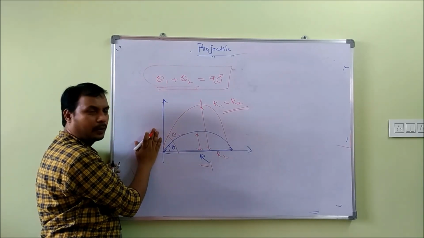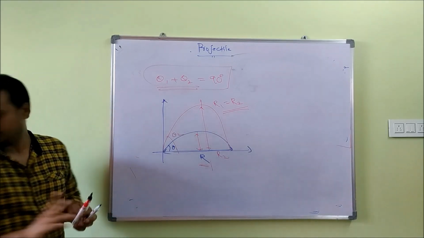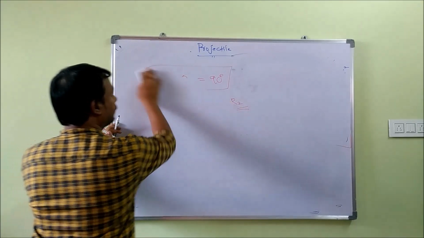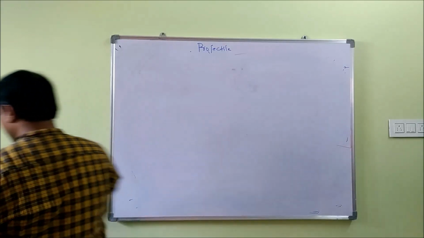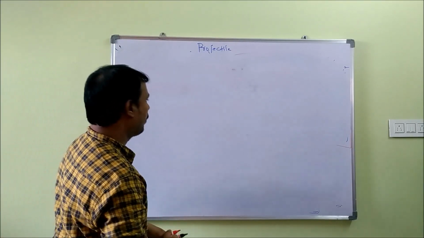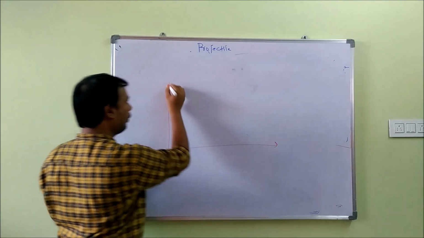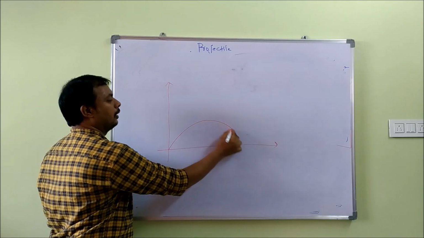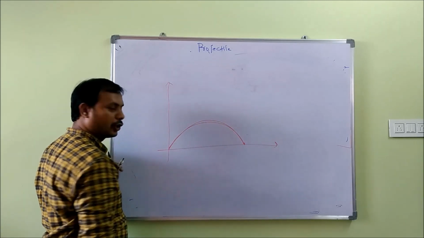This is one more concept on projectile. Next, one more concept. One problem is mentioned like this. A soccer player or a football player kicks the ball, so the ball moves in this direction.